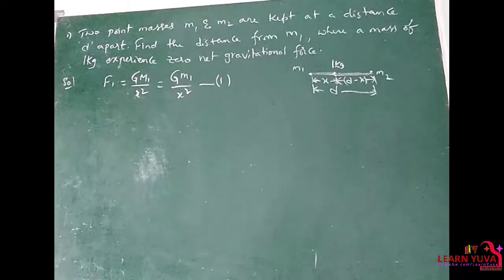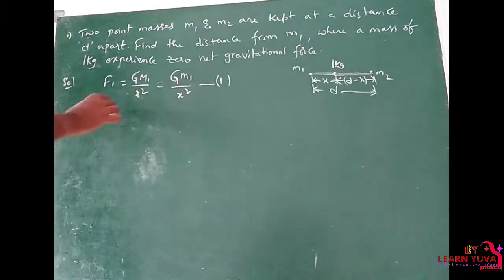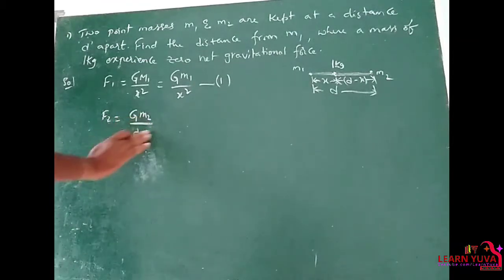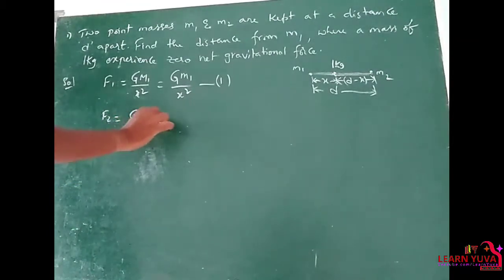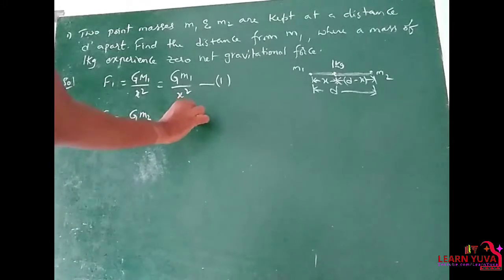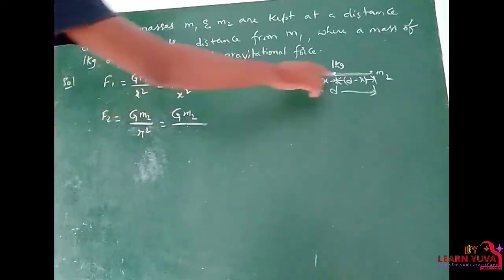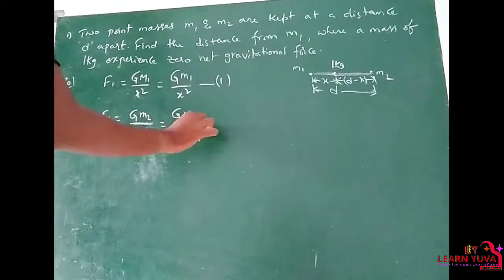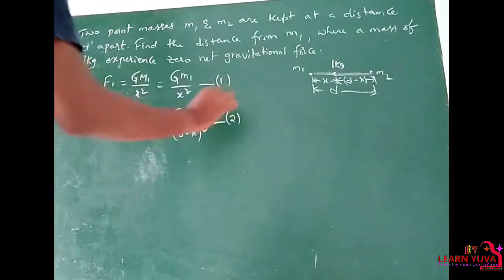And the force due to M2, F2, is equal to G M2 by R square, where R is nothing but d minus x. So G M2 by d minus x whole square, it is equation 2.